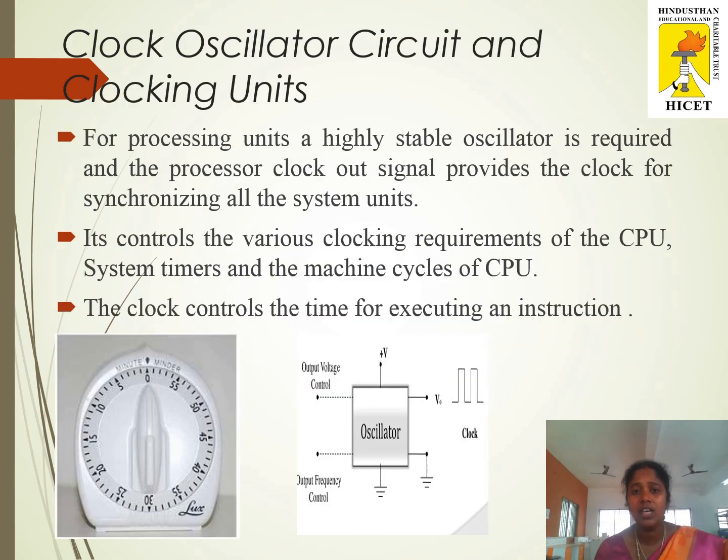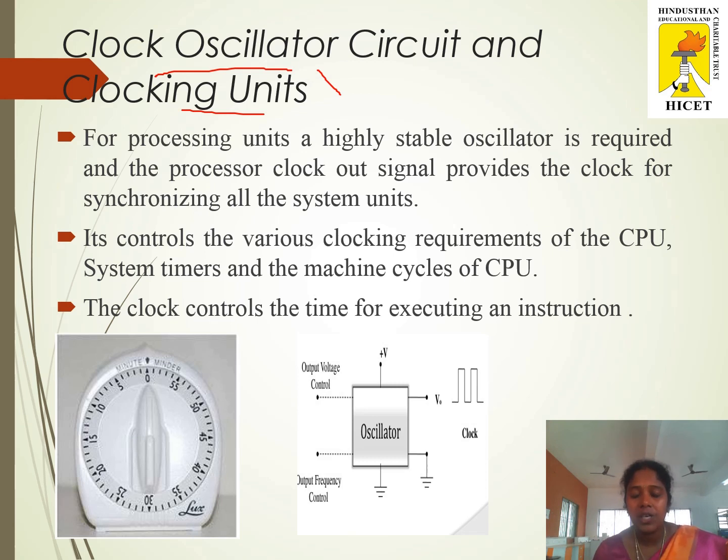The next hardware element is the clock oscillator circuit and clocking unit. The oscillator circuit is mainly used to generate the clocking signal used for synchronizing all the system units in the embedded system, and it controls the various clocking requirements of the CPU, system timers, and machine cycles of the CPU.